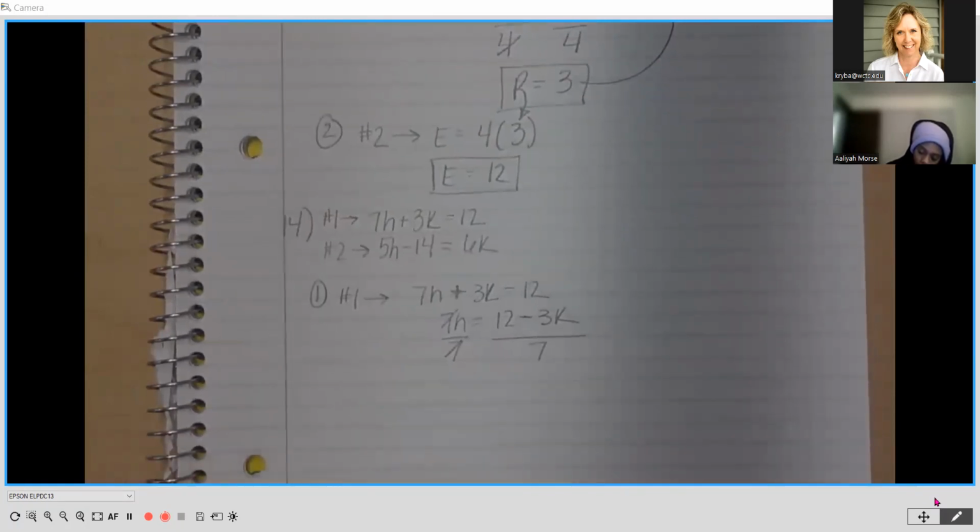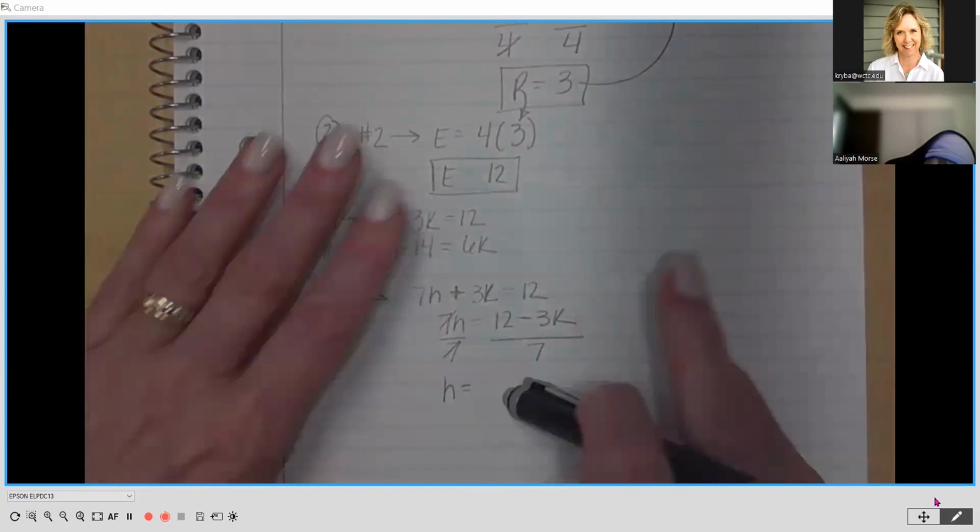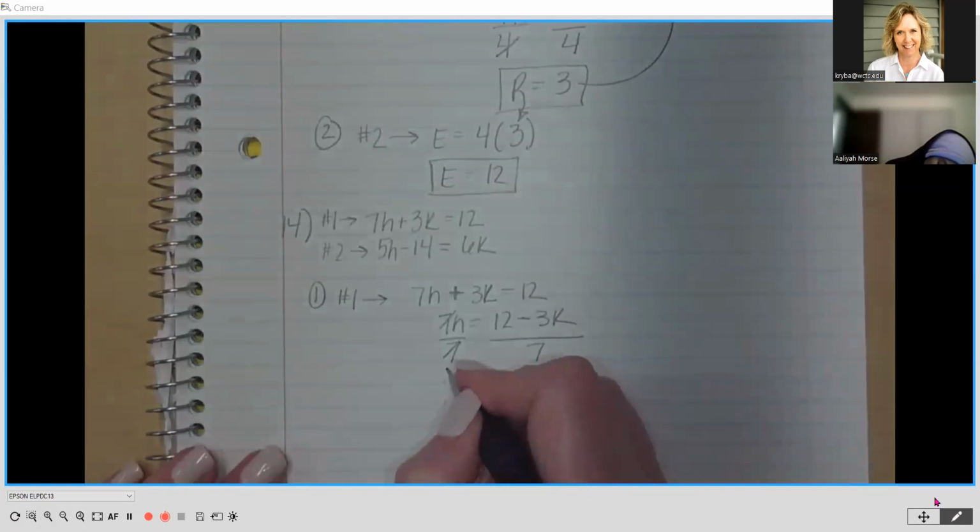Now, you could choose to do fractions if you want. I personally prefer to do decimals, but if you do decimals, hold 4 to 5 decimal places. Okay, if you only round to 1 or 2, you're going to have a big rounding error in the end. We're probably going to get some whole numbers here, and we want to be as close to those whole numbers as possible. So I am going to do h is equal to, be a little bit higher so I have space.